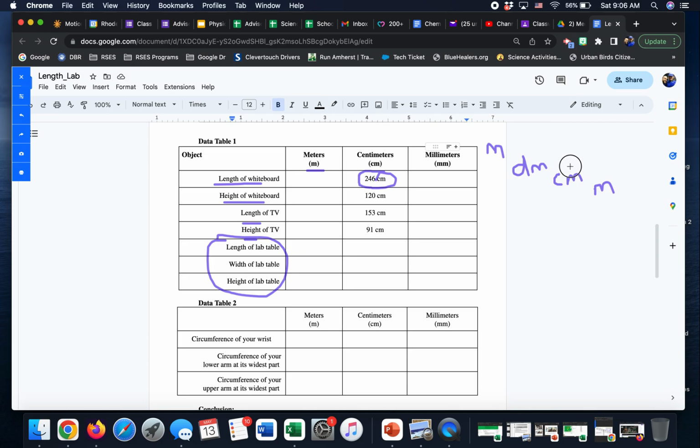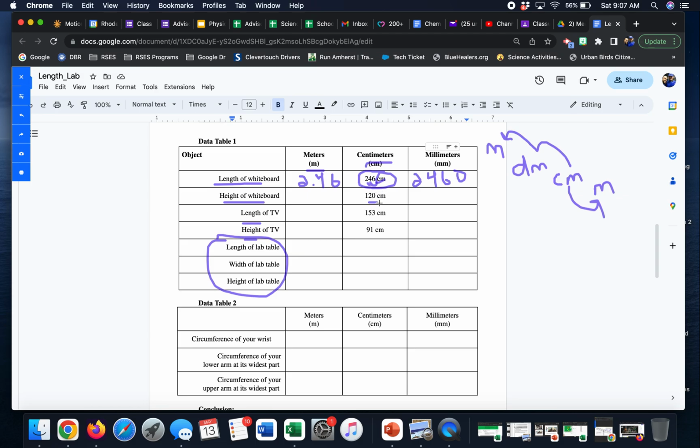So here are centimeters. 1, 2 to the left. 246. Move that decimal 2 spots. And that's how we get this to be 2.46. To get millimeters, we're still going to start with what we're given, the centimeters, and go 1 to the right. Since there is no decimal, we move that 1 over, and that's really just adding a 0, 2,460.